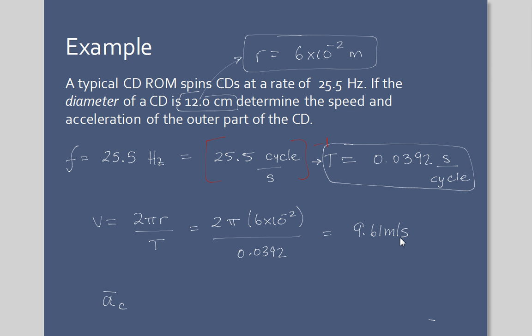And then to get the centripetal acceleration, you just take that value, square it, and divide by r, as the formula suggests. So it's 1,540 meters per second square.